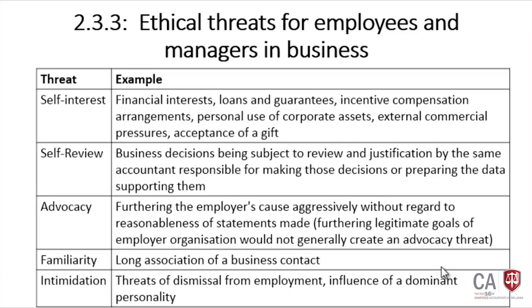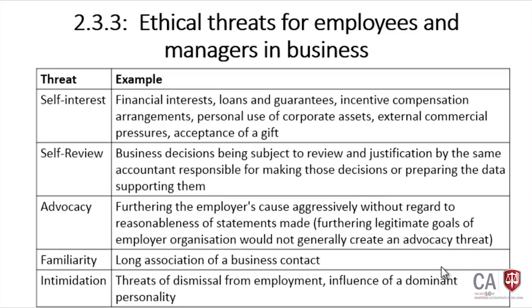So first of all, we look at self-interest. What is self-interest? Normally self-interest occurs as a result of the financial or other interest of a professional accountant or of an immediate or close family member.